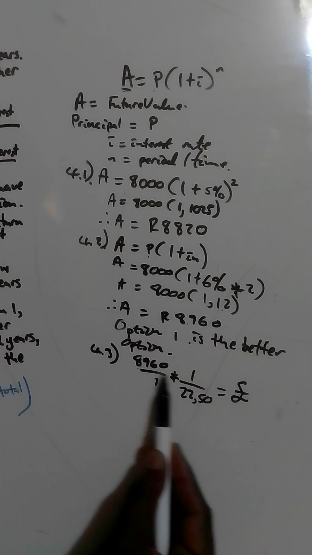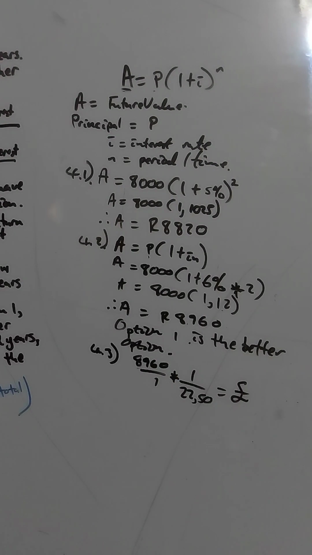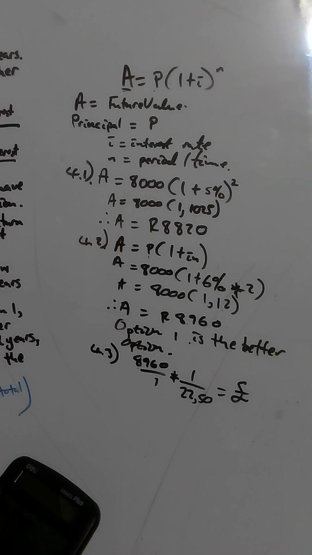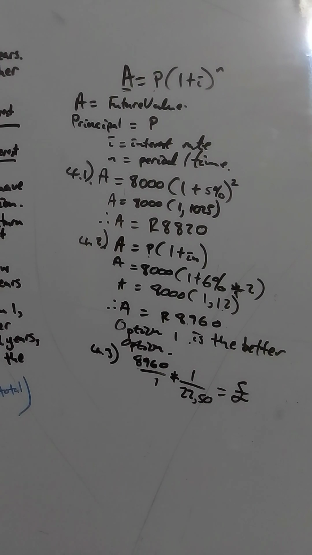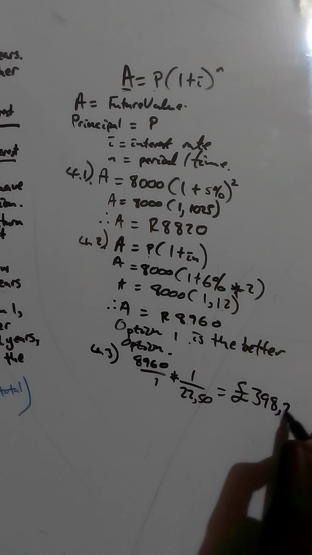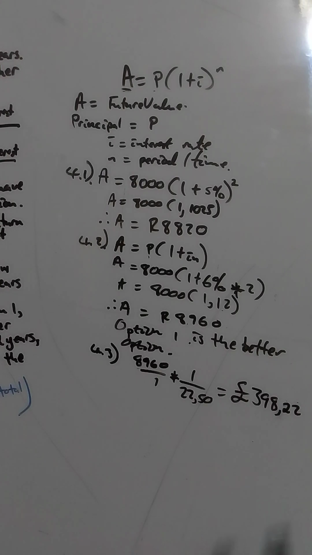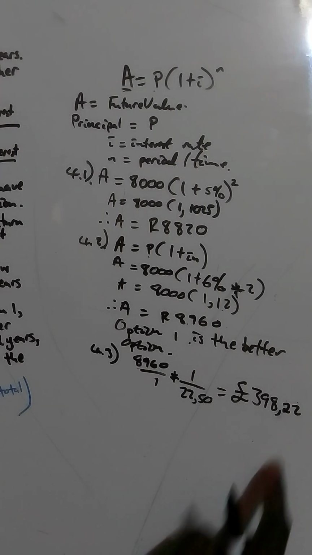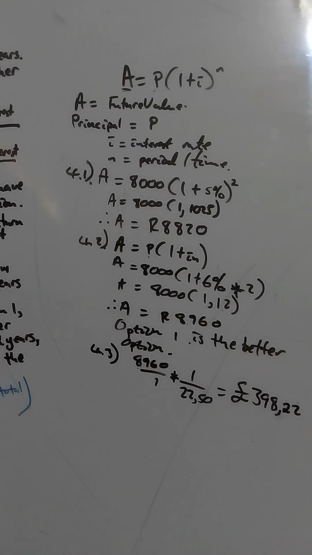So 8,960 multiplied by 1, it gives me 8,960. 8,960 divided by 22.5, it gives me 398 pounds point 22, which is 398 pounds 22 cents. And this is how you do the calculation.